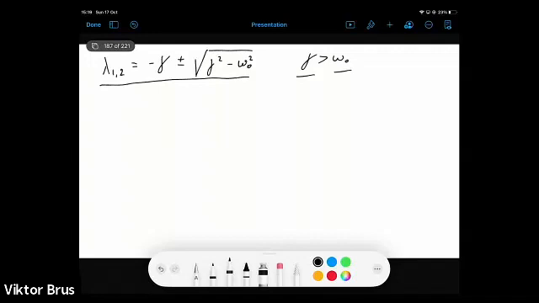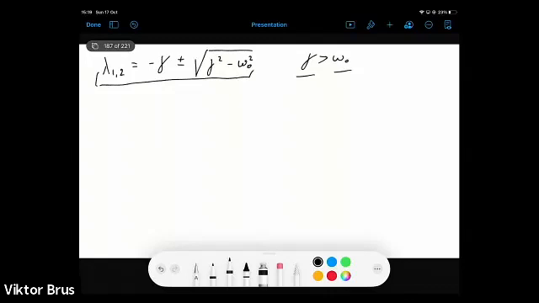In this case, our characteristic equation will possess two real solutions, because gamma is larger than omega naught, so the expression under the square root will be positive, and that's why we have two real solutions.